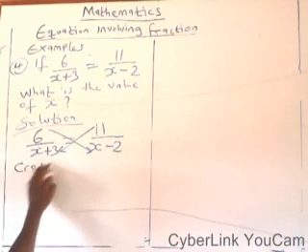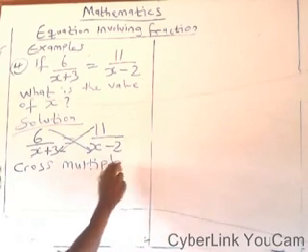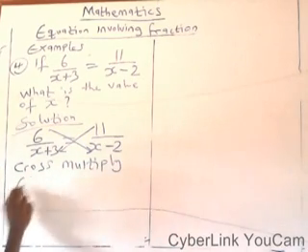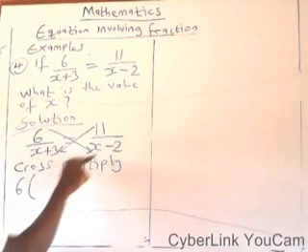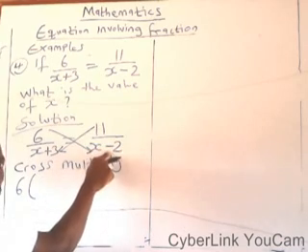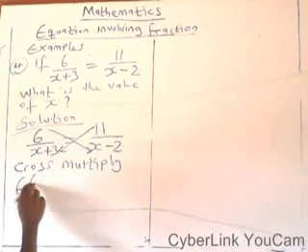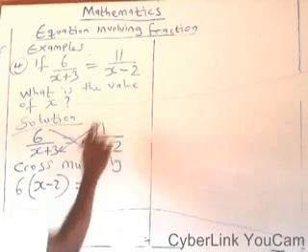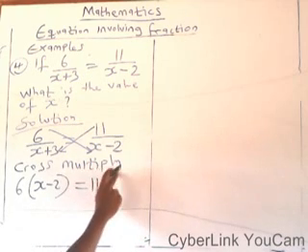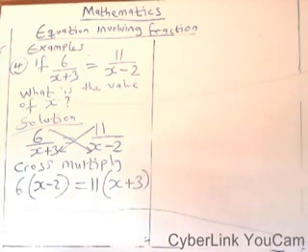We cross multiply. 6 into brackets. I'm creating this bracket because what we have here is not a single value. It is a combination of x minus 2. Put it in bracket, x minus 2 is equal to 11, another bracket, x plus 3.